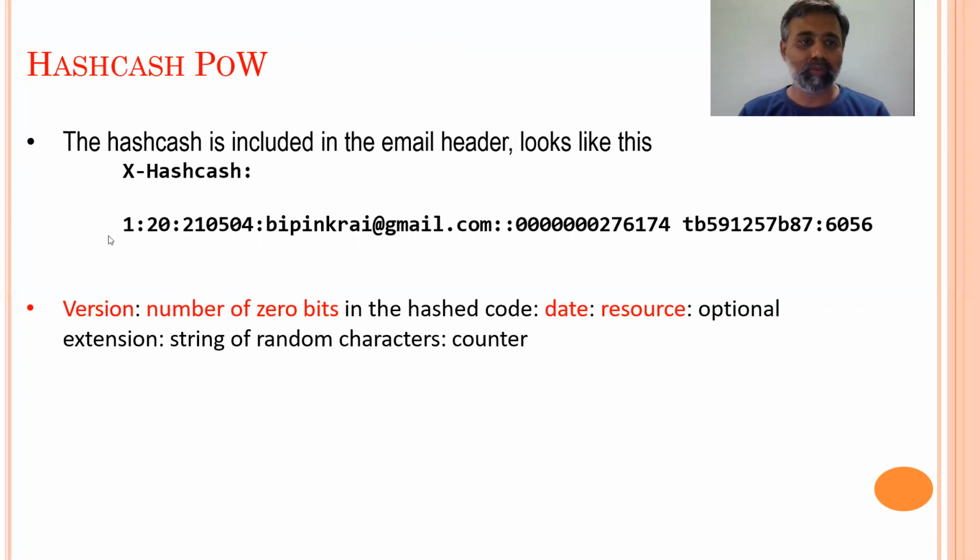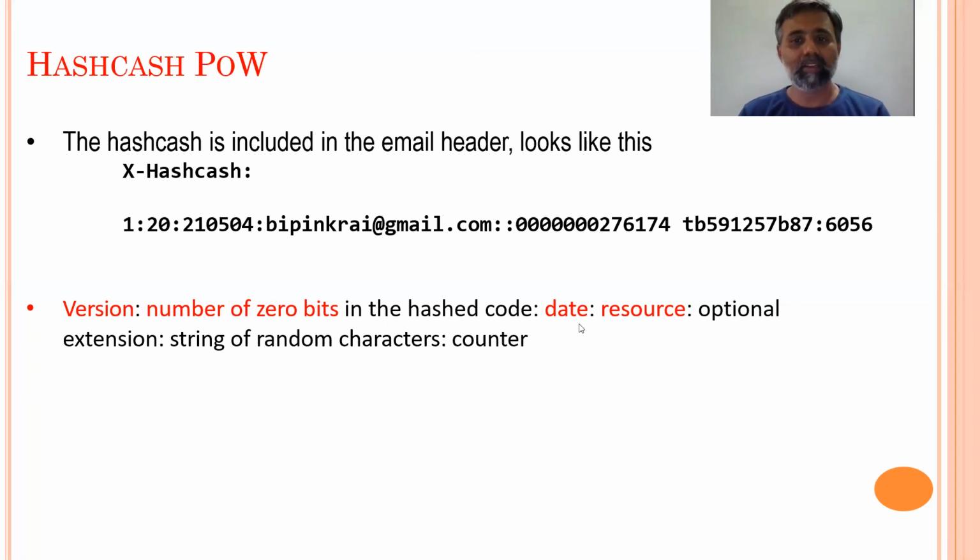Suppose, for example, the version is 1, and the number of 0 bits in the resultant hash code we want is, say, 20. Then the date, which is 4th May 2021. We have taken the year, then the month, and then the day.